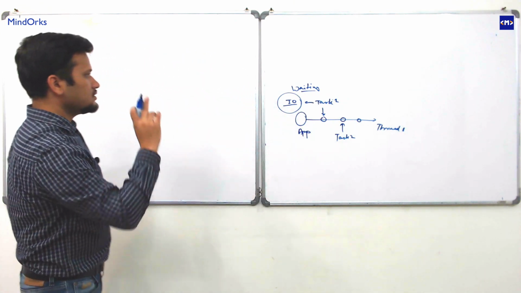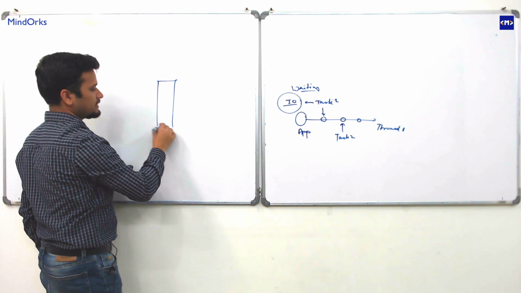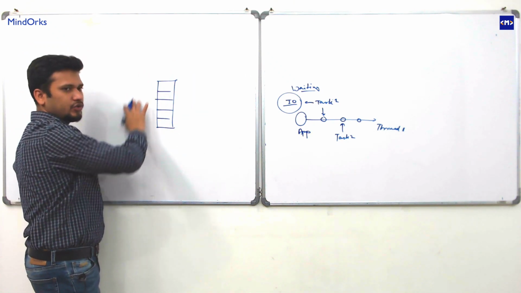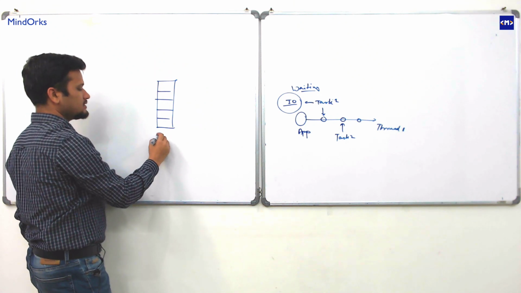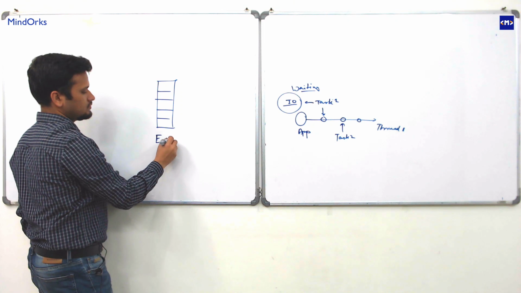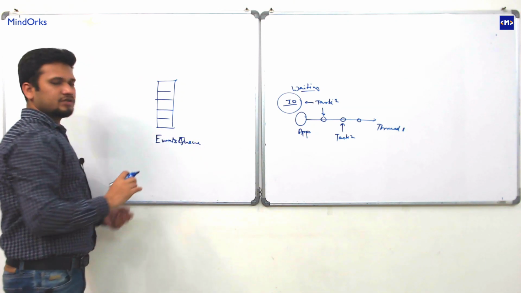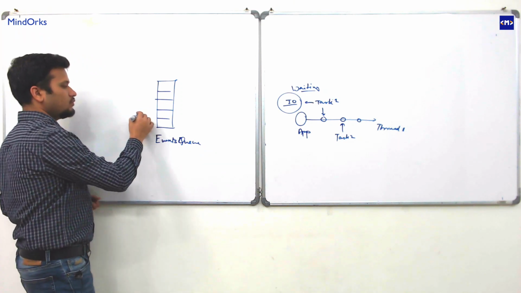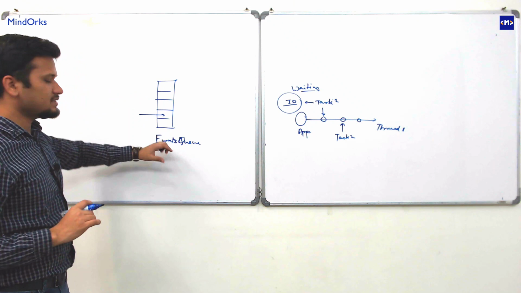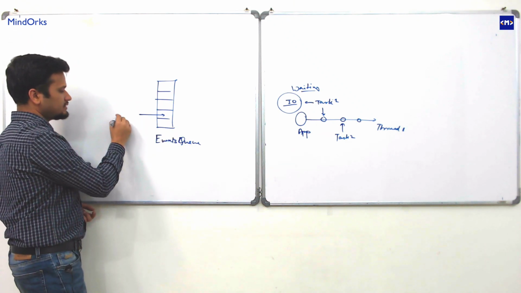For that, we can create a queue. We'll call this the events queue. This events queue holds events. What is an event? Anything that you want to do will be wrapped inside an object, which is an event. This queue will hold those instances of events.